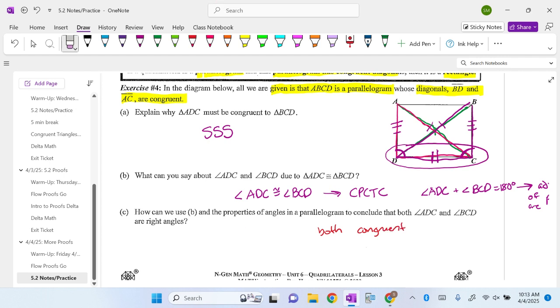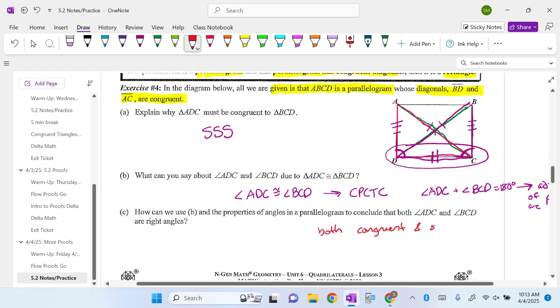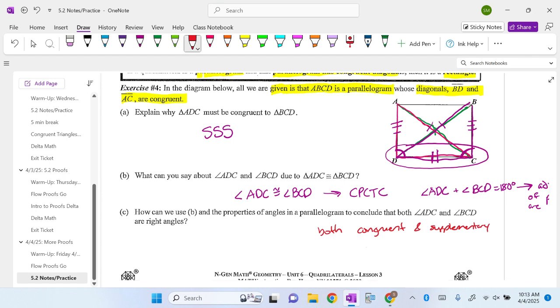Since both angles are congruent and supplementary, that means that angle ADC equals 90 and angle BCD equals 90. And again, because they both are congruent and supplementary to each other. And that's just logic. If they're congruent but at the same time supplementary, they can only be 90-degree angles.